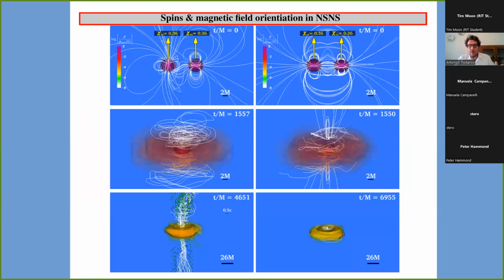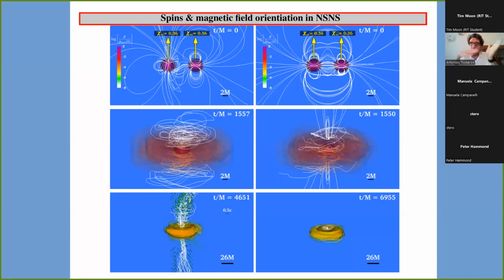If you evolve them, here is the evolution of the two cases that I showed. In the middle row, you can see that after 1500 M, for the left case, where you have a mixed configuration of the dipole moments, there is some organization of the magnetic field into a spiral that will lead to a jet.